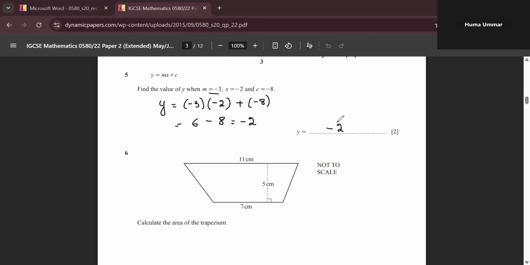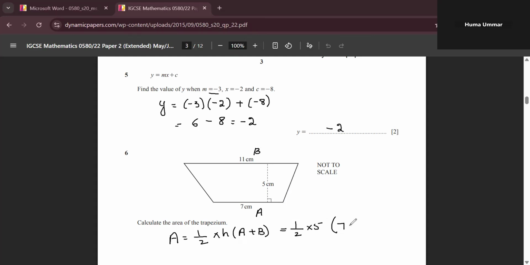Now the next question is number 6. Here you can see the shape of a trapezium. Calculate the area of the trapezium. The area of the trapezium is half into height into a plus b. So it will be half, height is 5, and you can take any side as a and any side as b, it doesn't matter.